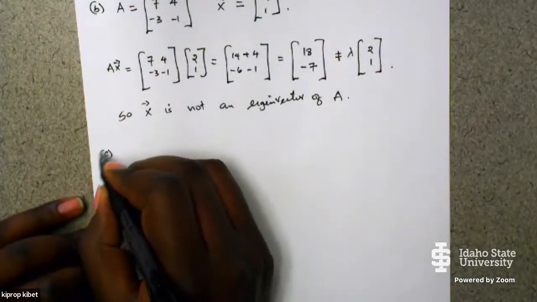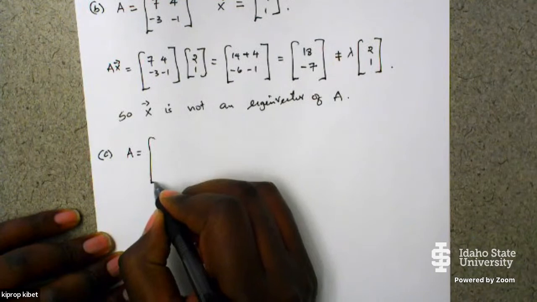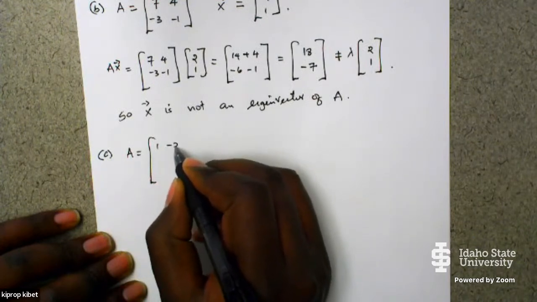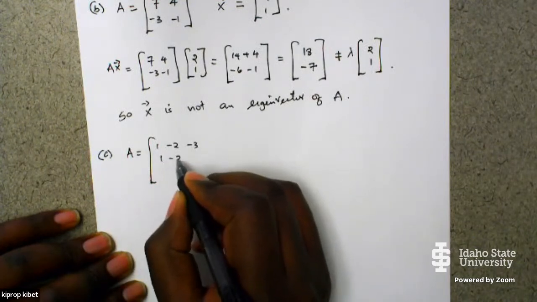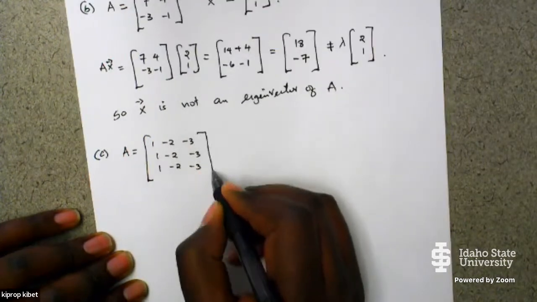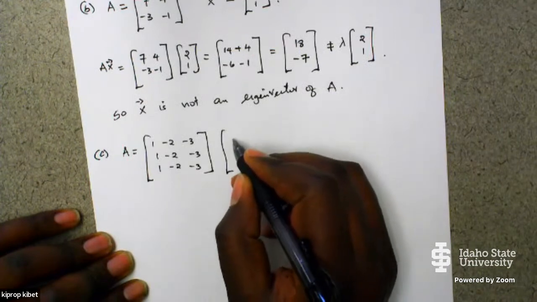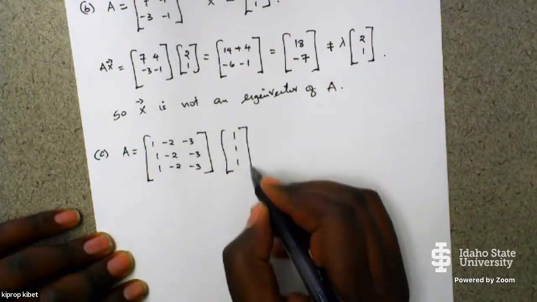Another example, number C. If we have our A to be equal to [1, -2, -3; 1, -2, -3; 1, -2, -3], and our X to be equal to [1; 1; 1].